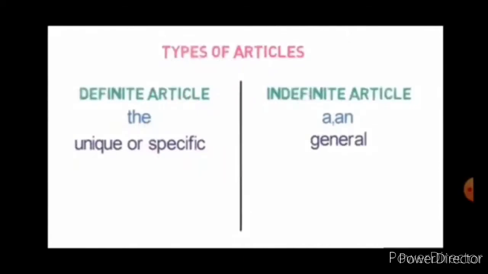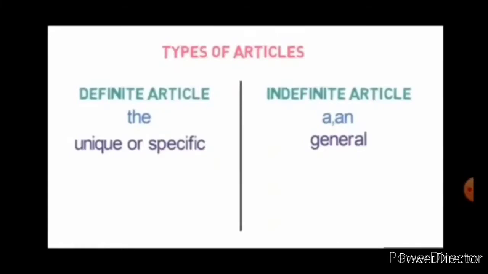Then move on to the types of articles. Here we have two types of articles: one is the definite article, and another is the indefinite article. The definite article "the" shows the uniqueness or specific thing of a noun. The indefinite articles "a" and "an" show the general thing.